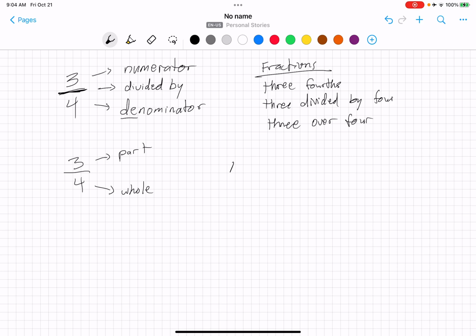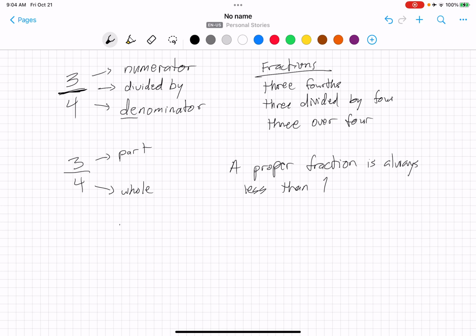Remember that. We call this a proper fraction. So a proper fraction is always less than 1.